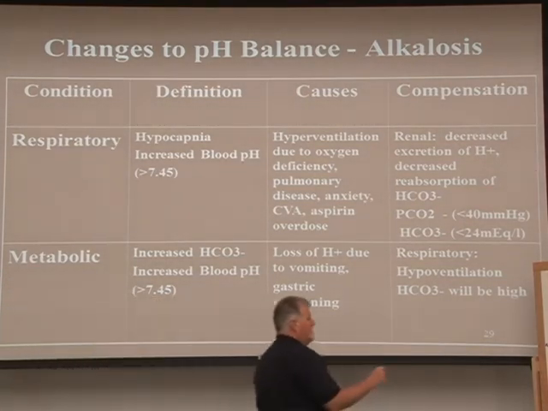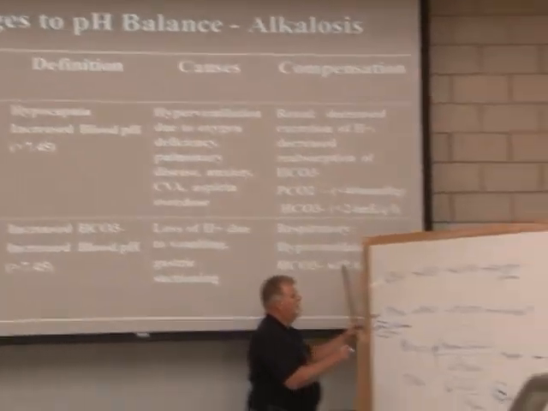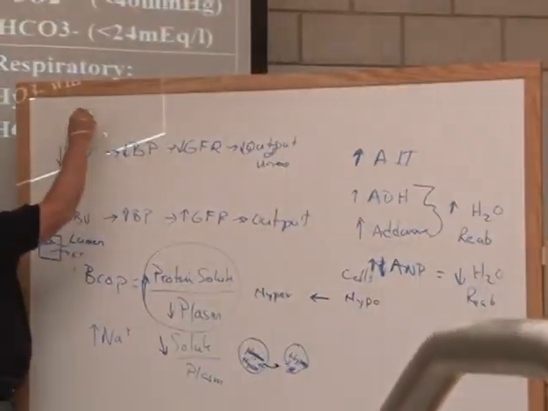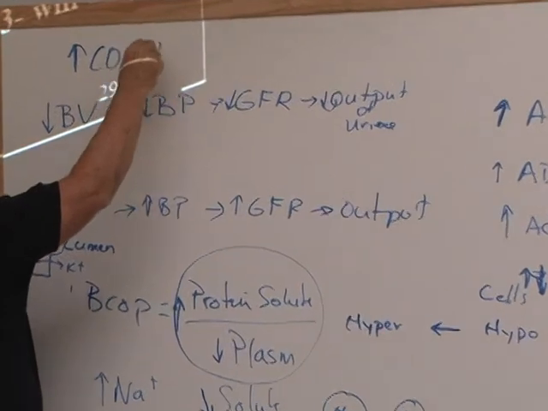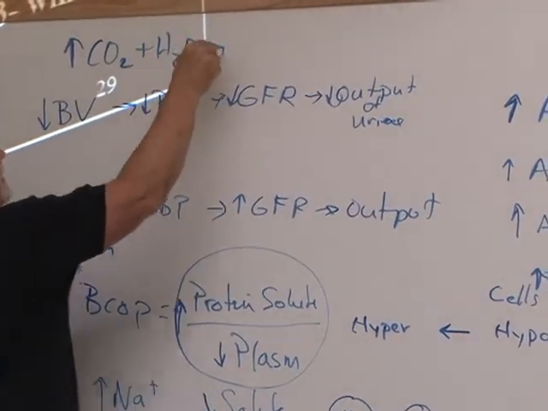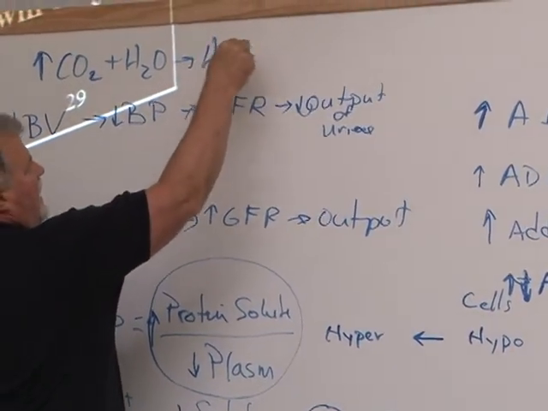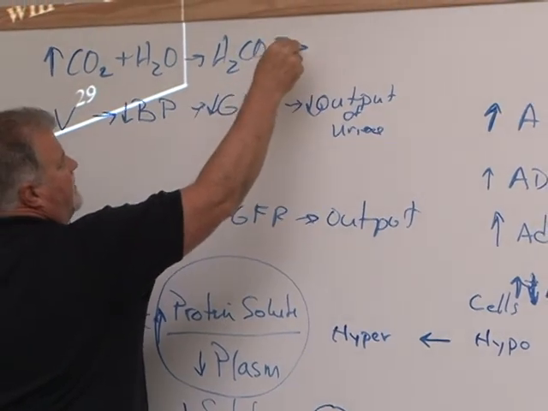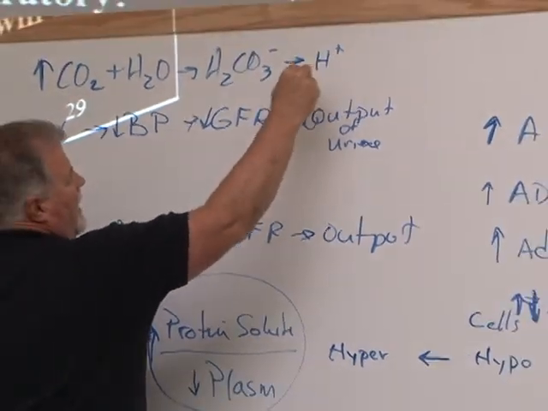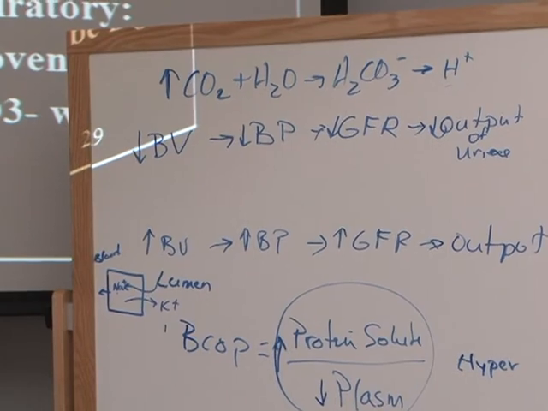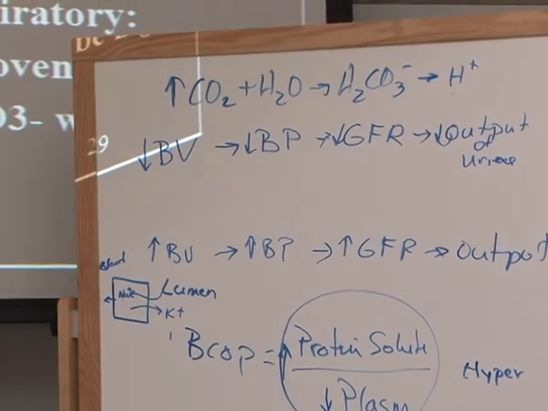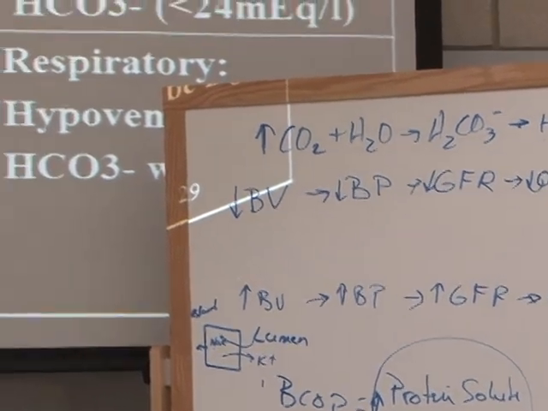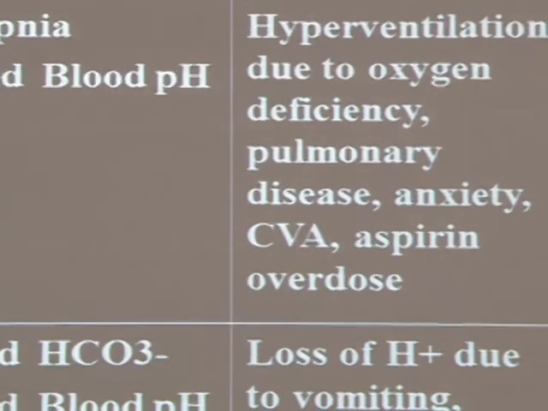Because if you increase carbon dioxide in the blood, then you form carbonic acid, which is going to dissociate and form hydrogen ions, right? So then how would we increase the amount of carbon dioxide in our blood? Hyperventilate or hypoventilate?